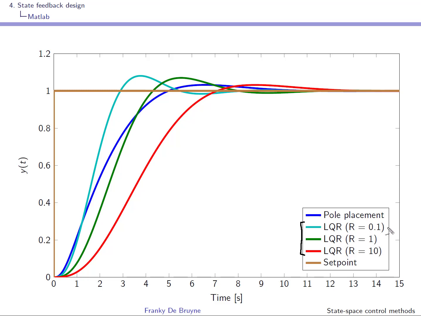Obviously here there is a constraint on the control energy that increases, and you can clearly see it on the response, because the closed loop step response, when you go from green to red, is slowing down. Well, this is obvious since you're limiting the control energy. In brown here you have the step.